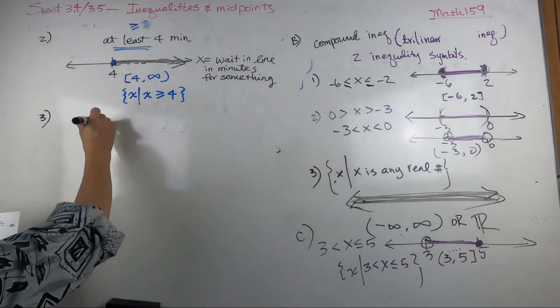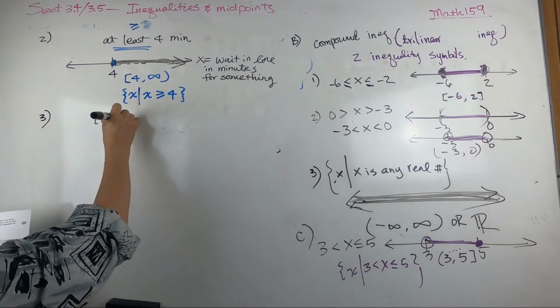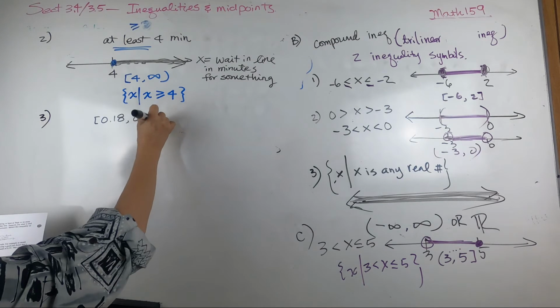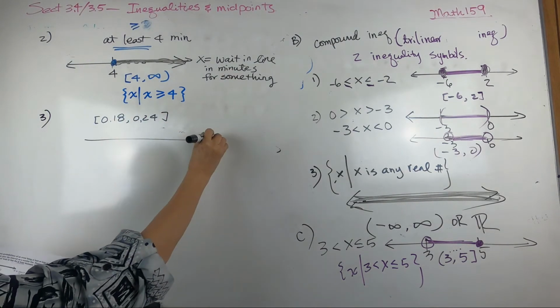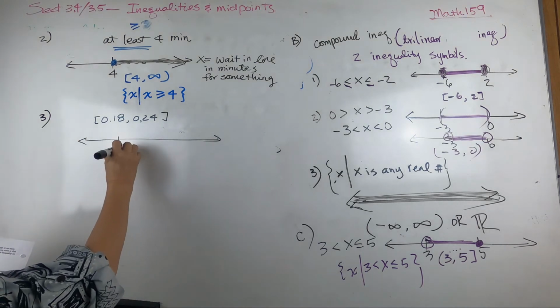So this will be written this way. So the upper bound and lower bound sketch this interval. So what do you think? Pretty straightforward, right?